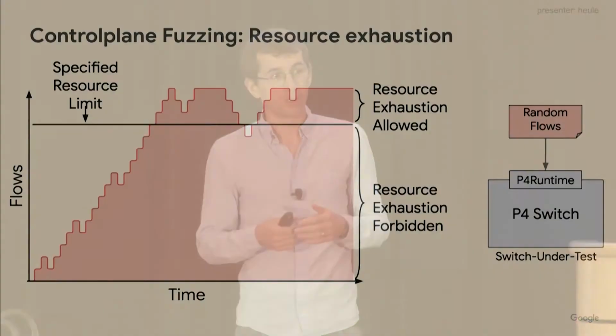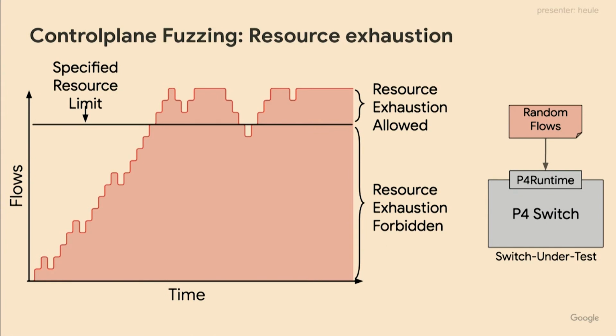And so over time, as the fuzzer is running, the switch hardware is filling up, and eventually we run out of resources, and the switch will start rejecting some of the flows we try to install. And our test just checks that as long as we're below the resource limit, the flows get accepted as appropriate, and afterwards the switch may reject flows.